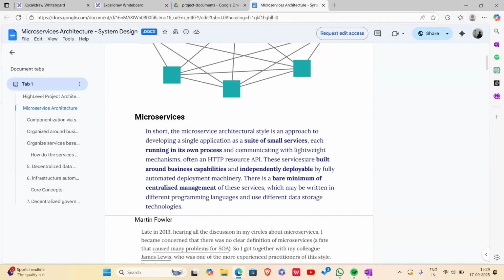These services are built around business capabilities and are independently deployable by fully automated deployment machinery. There is a bare minimum of centralized management of these services, which may be written in different programming languages and use different data storage.